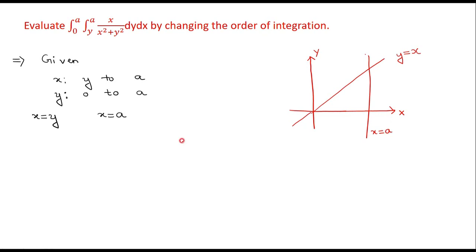So given that the limits are from x is equal to y, they have given the horizontal strip. We need to convert that into the vertical strips. So here the y limits are constant and x limits are variables. When we change the order of integration, we have to take x as a constant and y as a variable.